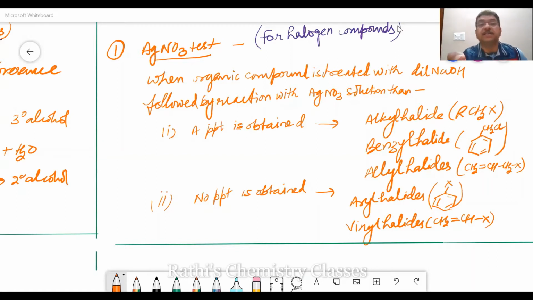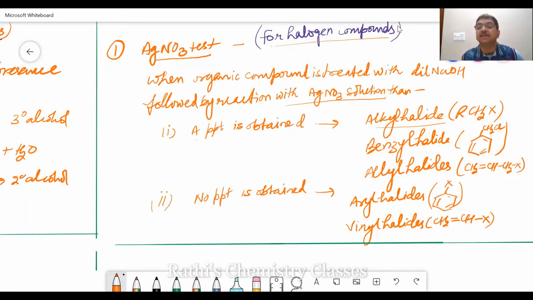The silver nitrate test is used to distinguish halogen compounds like alkyl halides, benzyl halides, allyl halides, aryl halides, and vinyl halides. When the given organic compound is treated with dilute NaOH followed by silver nitrate solution, a precipitate is obtained, and this can only be given by alkyl halide, benzyl halide, and allyl halide.